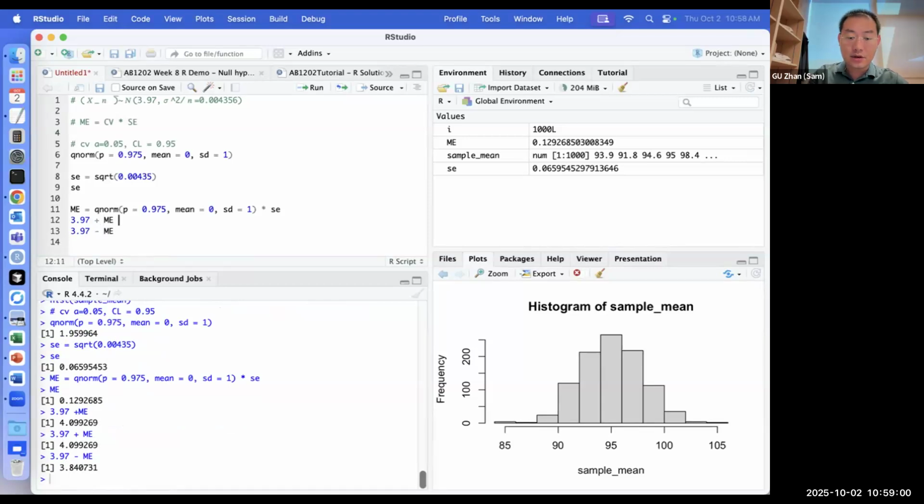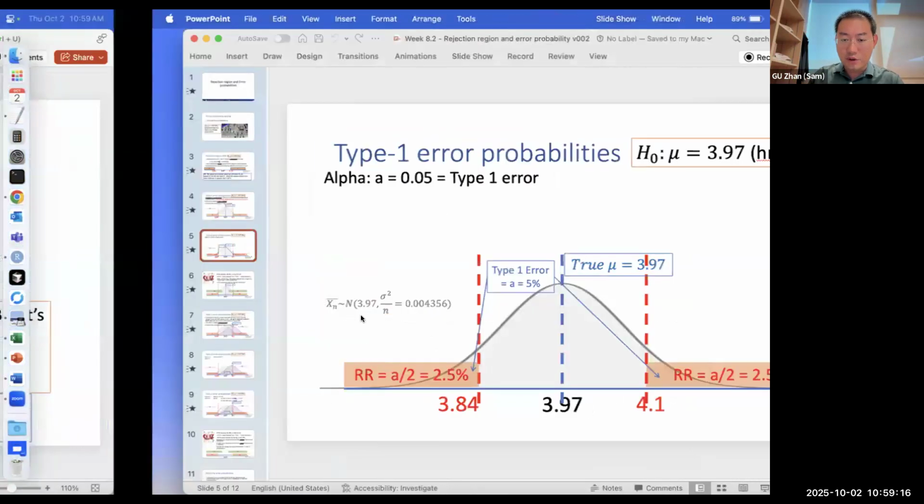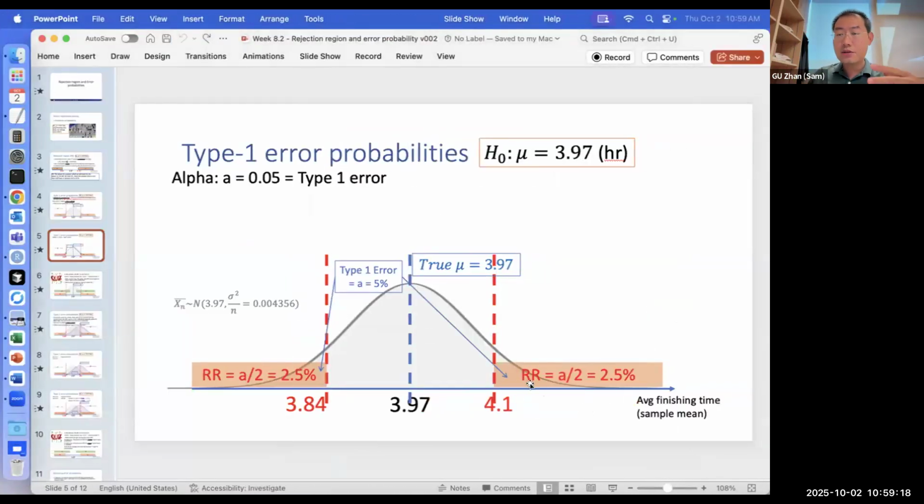This is your CI upper limit, and this is your confidence interval lower limit at 95% confidence. So this is your confidence range. Outside of this confidence interval is your rejection zone, and on two sides, each tail is 2.5%.